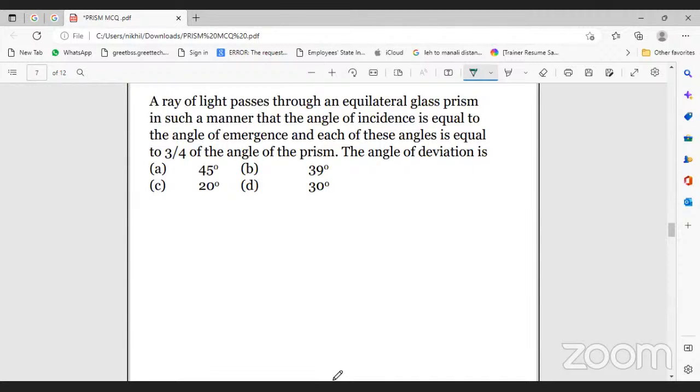Look at this. A ray of light passes through an equilateral glass prism. What is an equilateral glass prism? A equals how much? 60 degree. Very good.